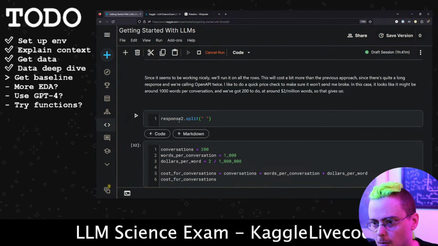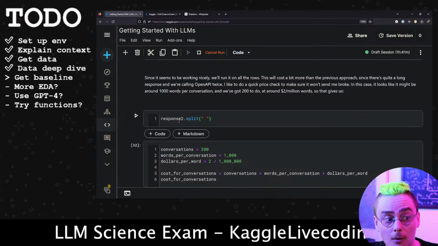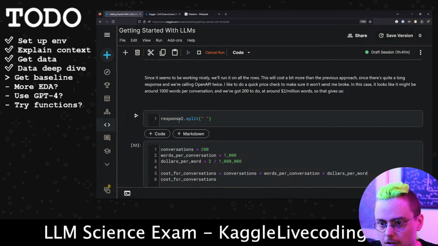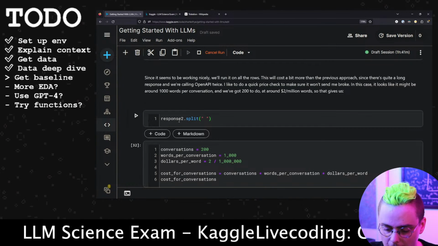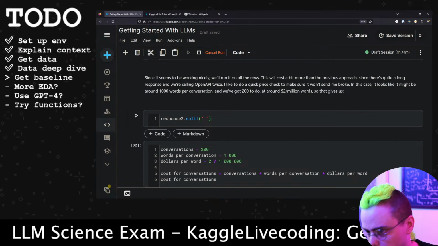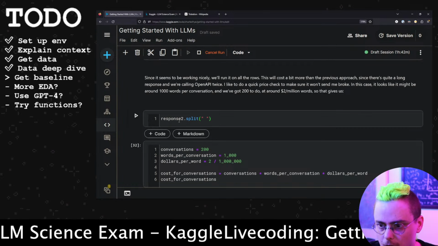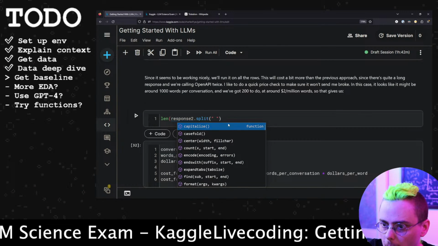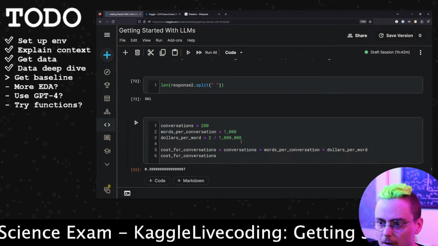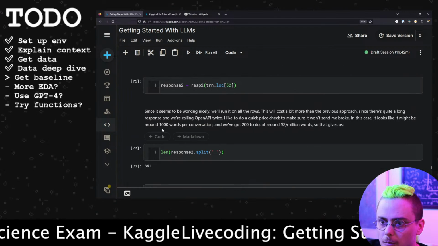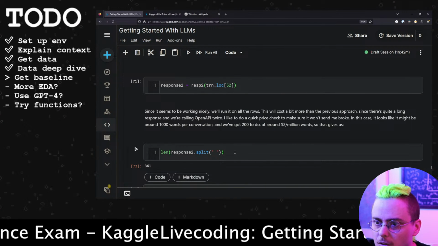You can also, if you want a tighter check on costs, run the tokenizer to actually check how many literal tokens you're sending or receiving from OpenAI. But usually an order of magnitude or a rough guess is enough to serve your purposes for estimating whether something's going to be really expensive or really cheap. Okay, so response 2.split. We have about 350 characters in the response.